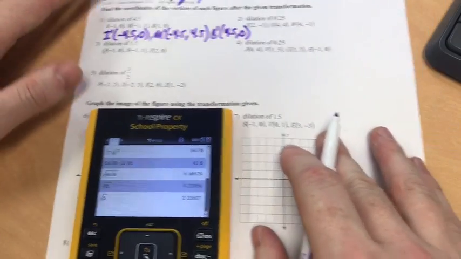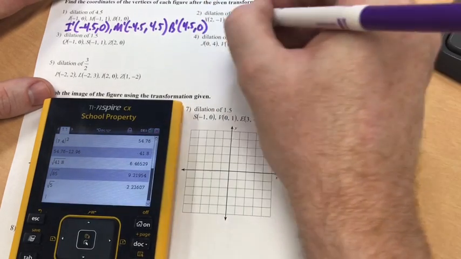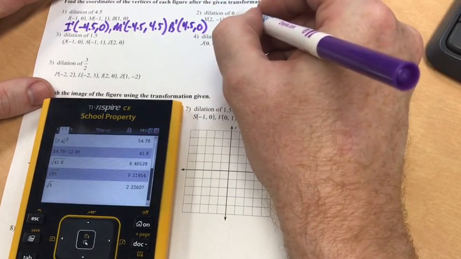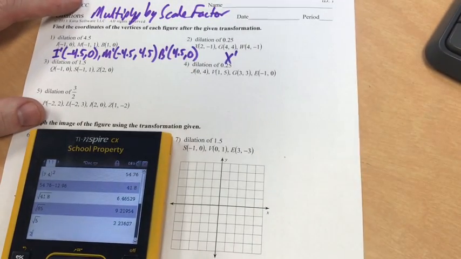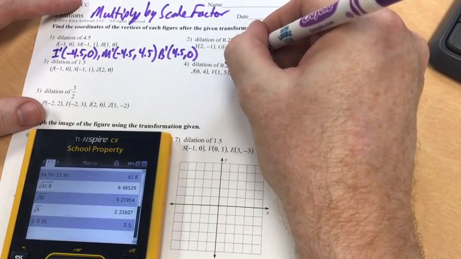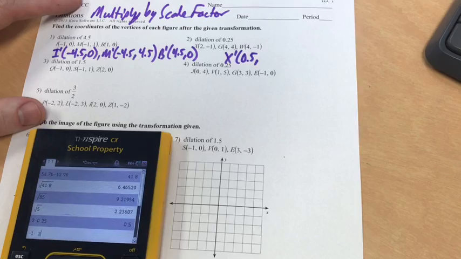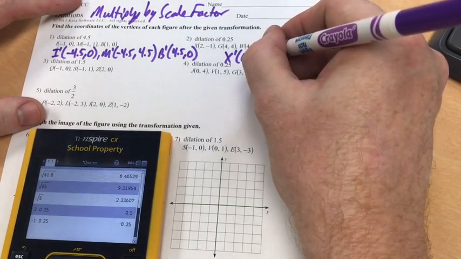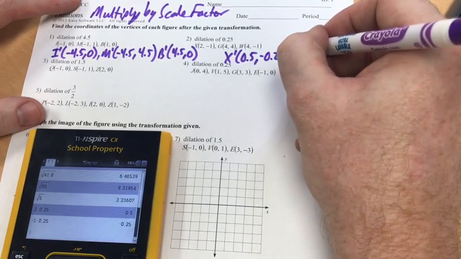Okay, that one's pretty easy, so let's do one more. Here, x prime, our scale factor is 0.25. So that means I'm going to do 2 times 0.25. That gives me 0.5. So my x-coordinate is now 0.5. Negative 1 times 0.25 means my x-coordinate is negative 0.25. Okay?